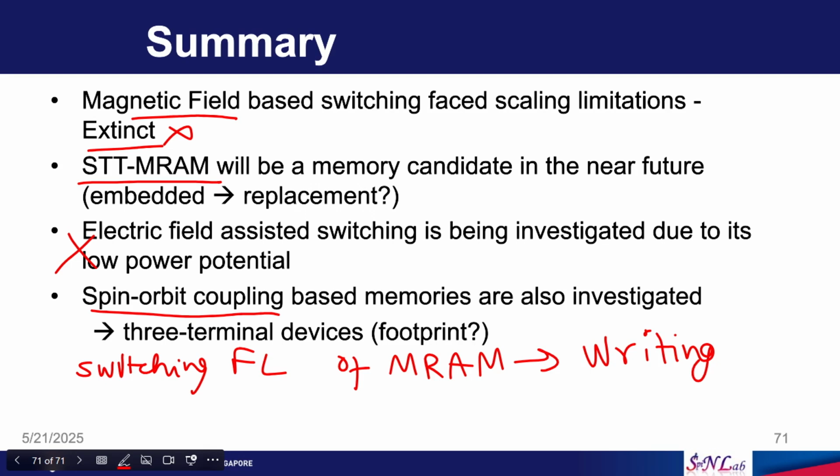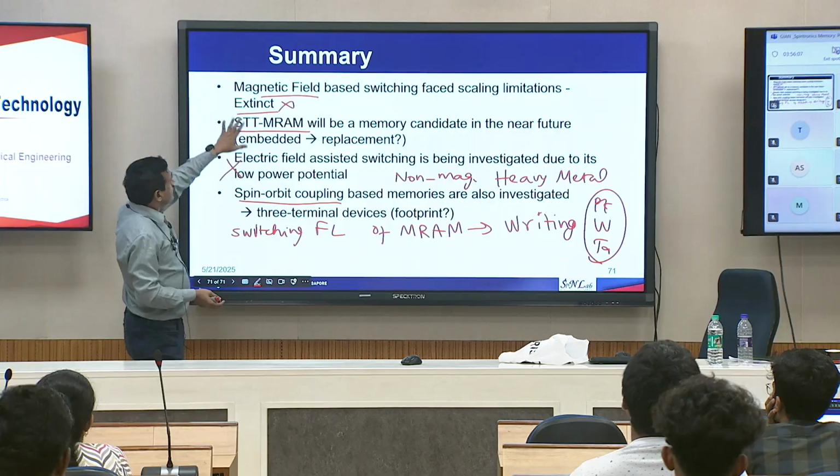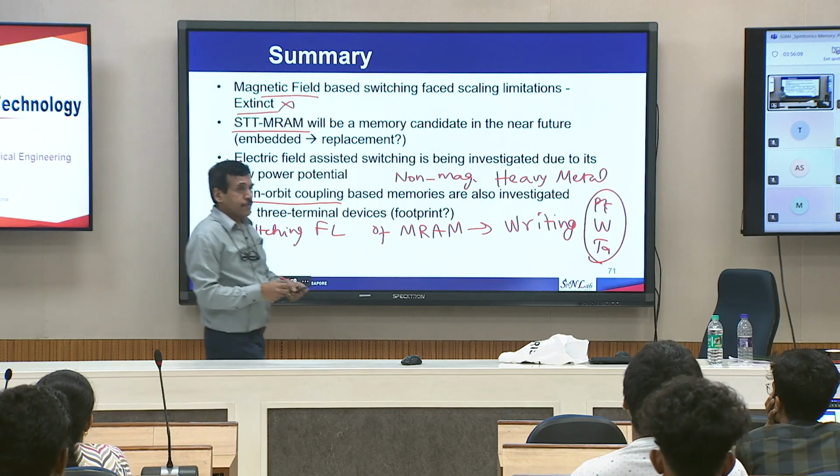These spins are purely coming from non-magnetic materials, like heavy metals, platinum, tungsten, tantalum. These kinds of materials are used for generating spins into the ferromagnetic layer, and we can switch magnetization. So, we learned these 3 topics today. Any questions?